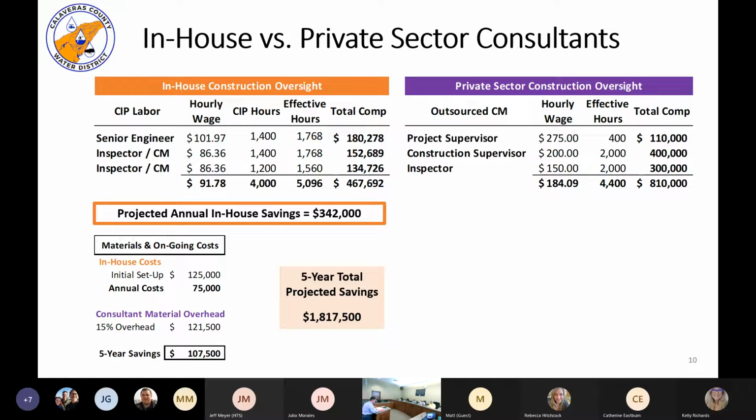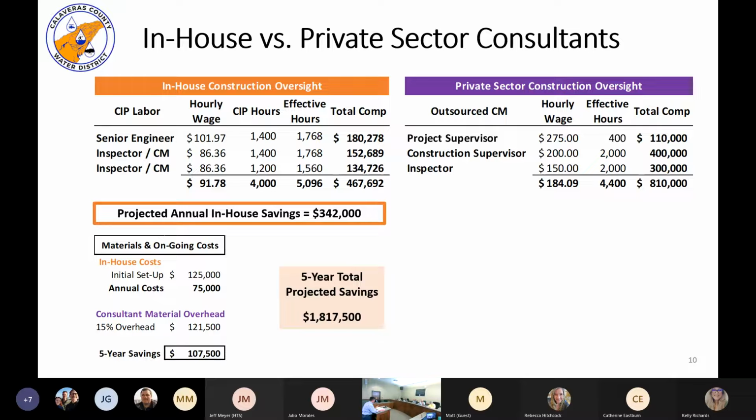We also factor in that when we hire our new staff internally, they'll need vehicles, computers, laptops, and there'll be ongoing maintenance costs. So when we factor all of that in, we could see up to $1.8 million in savings by hiring 3 staff versus being fully staffed by consultants.